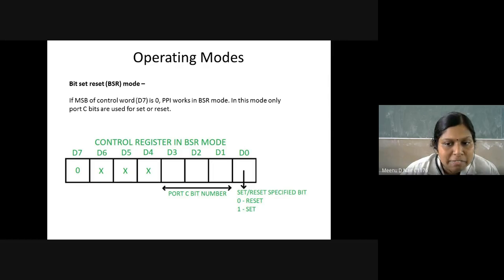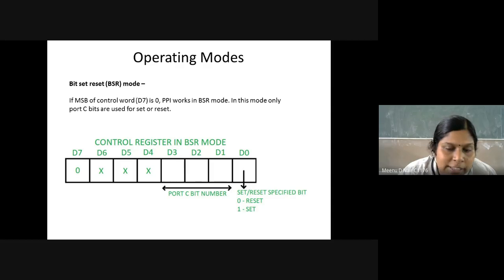And in the case of D0, if it is 0, the corresponding pin will be reset. If it is 1, the corresponding pin will be set as 1. That is the meaning of bit set or reset mode. So it is based on D3, D2 and D1. Suppose you want to set or reset PC5.